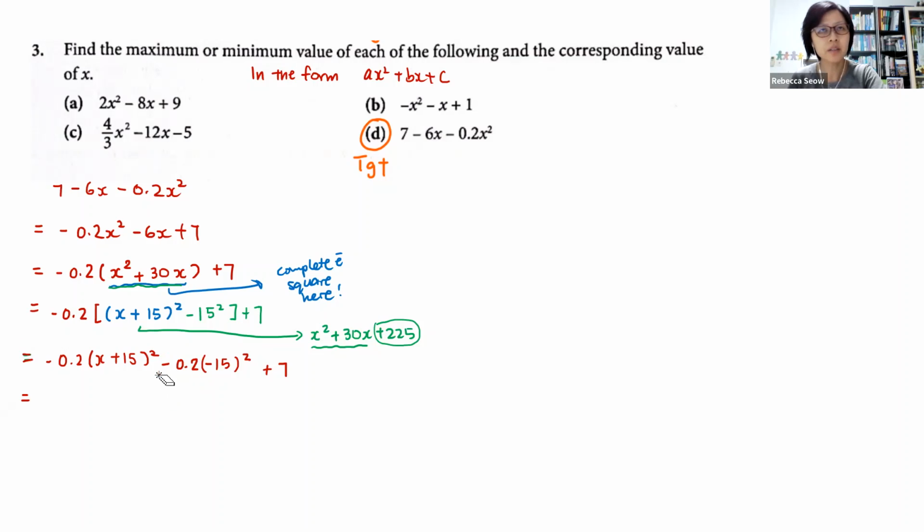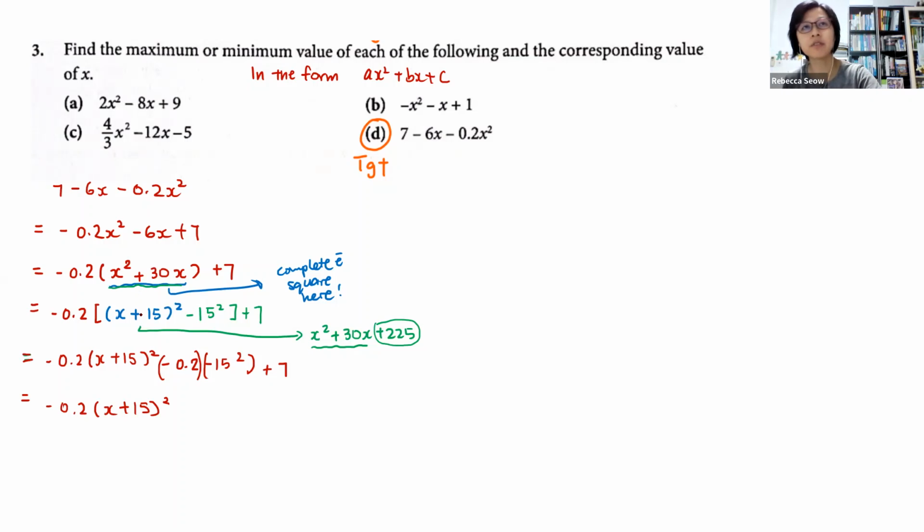Wait, I think I made a little mistake here. I should not have minus 15 square minus 15 square. The square is inside because I want to take my 0.2 multiplied by the minus 15 square, minus 0.2 minus 15 square.